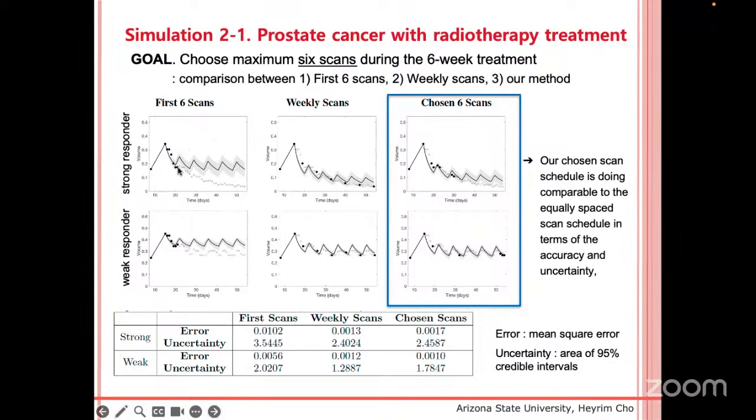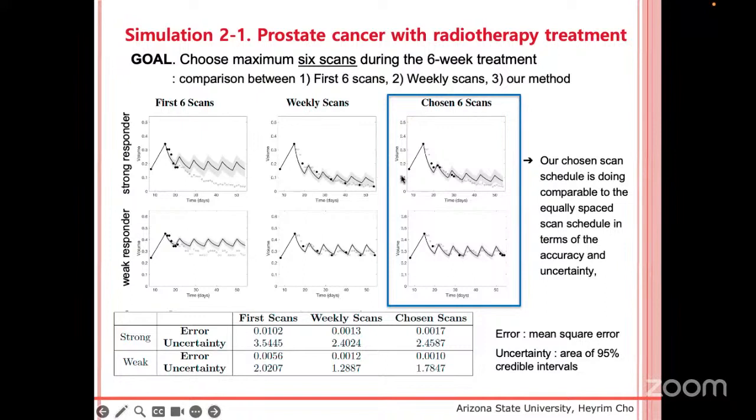And here, the first 6 scans are not doing well, right? As you expected. But we wanted to do as well as the weekly scans, and we actually do, in terms of error, which is just the mean square error of all the data and the model, and then the uncertainty, which is the area of the 95% credible interval. We realize they do similarly.